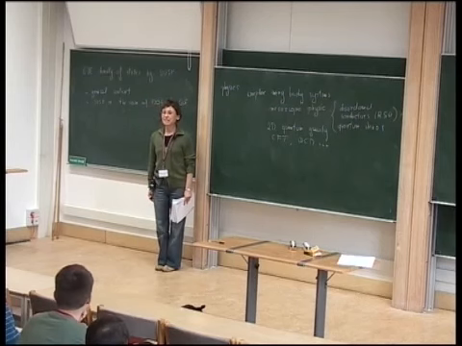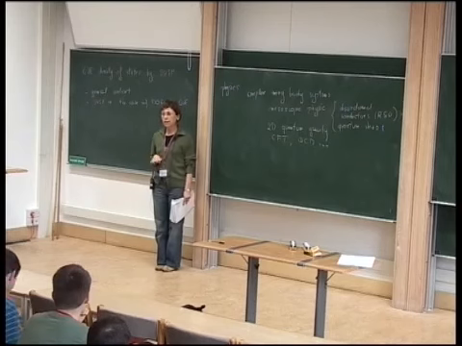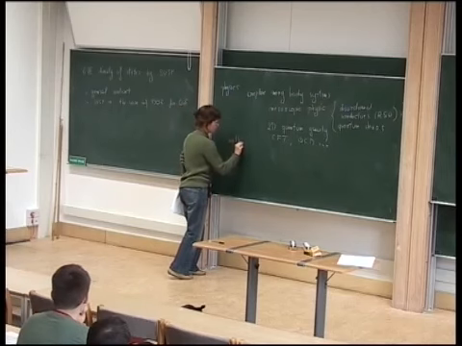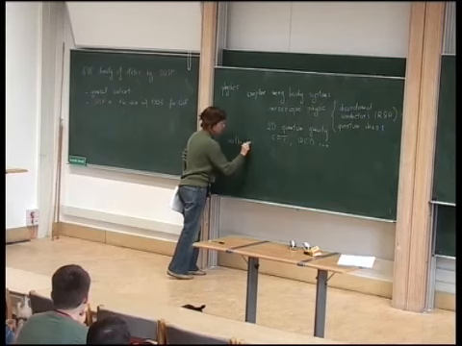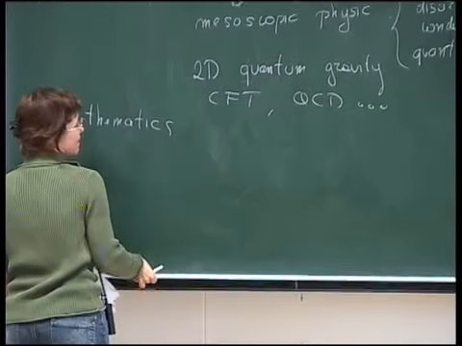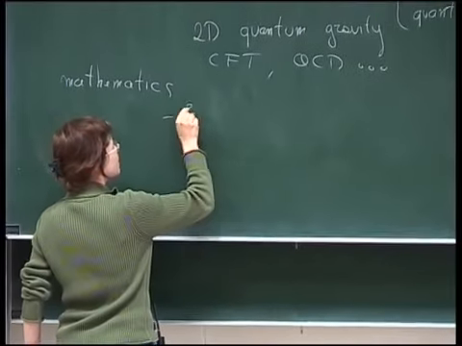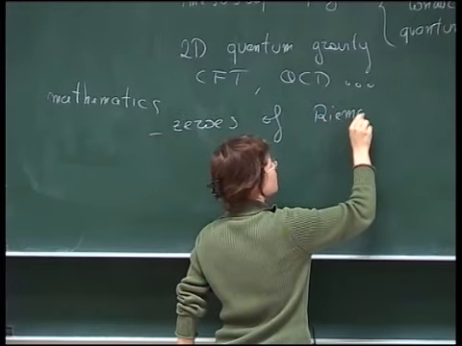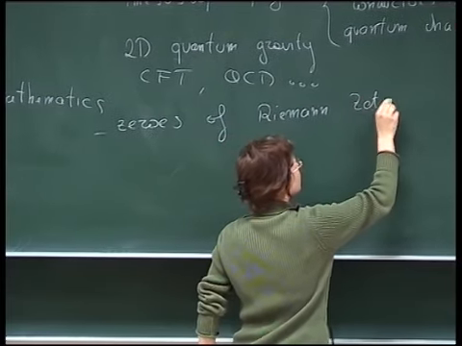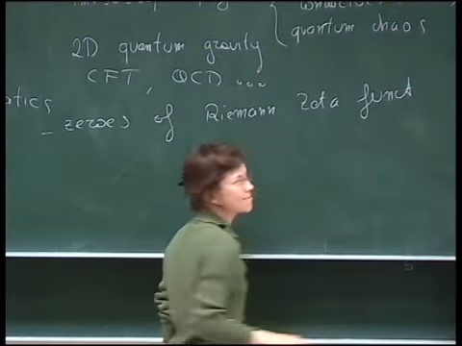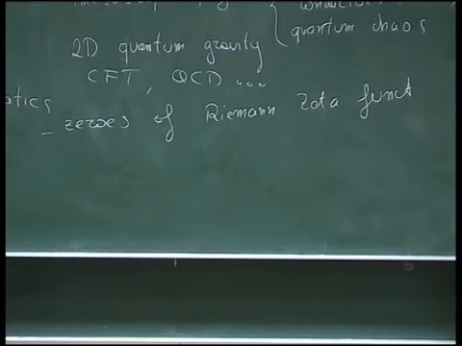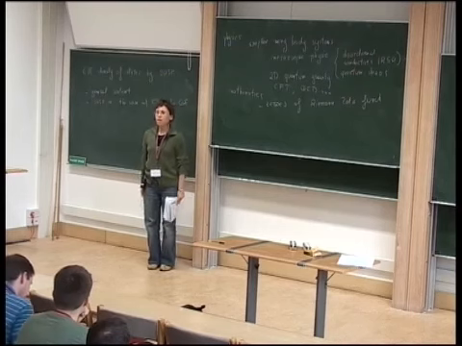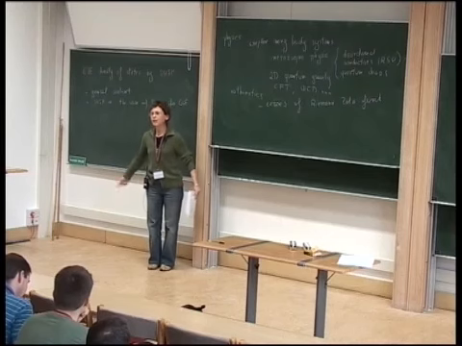Also in mathematics, there are applications of random matrix theory which seem to have nothing to do with what I said. First, the zeros of the Riemann zeta function. For mysterious reasons, the zeros of the Riemann zeta function seem to have the same distribution as the energy levels of a certain set of random matrices.